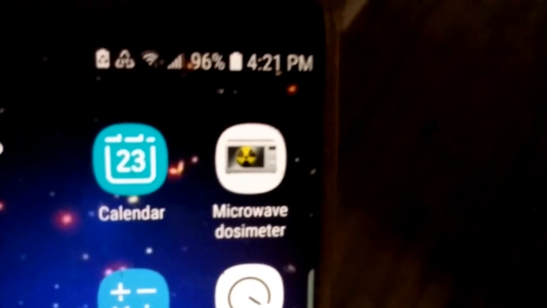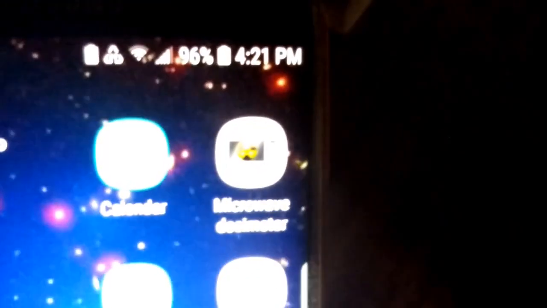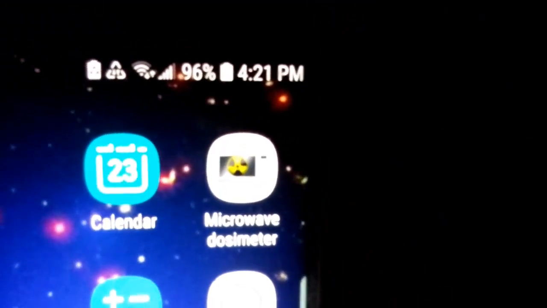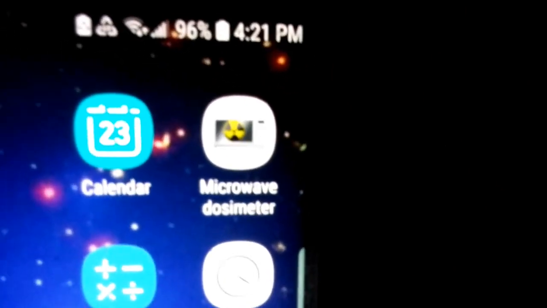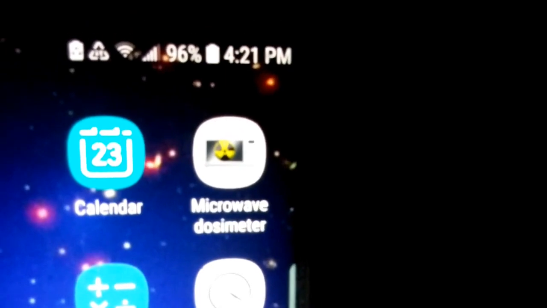We're going to be talking about microwave radiation, which is why I have the camera focused on this app that I use, simply called Microwave Dosimeter. There are a lot of apps that you can find for free, but a lot of them don't necessarily measure what people think they're measuring.